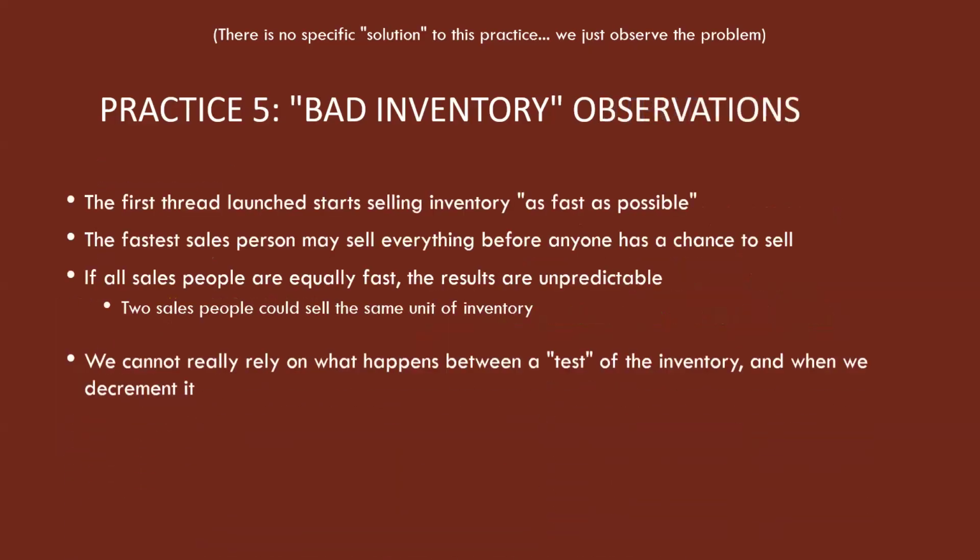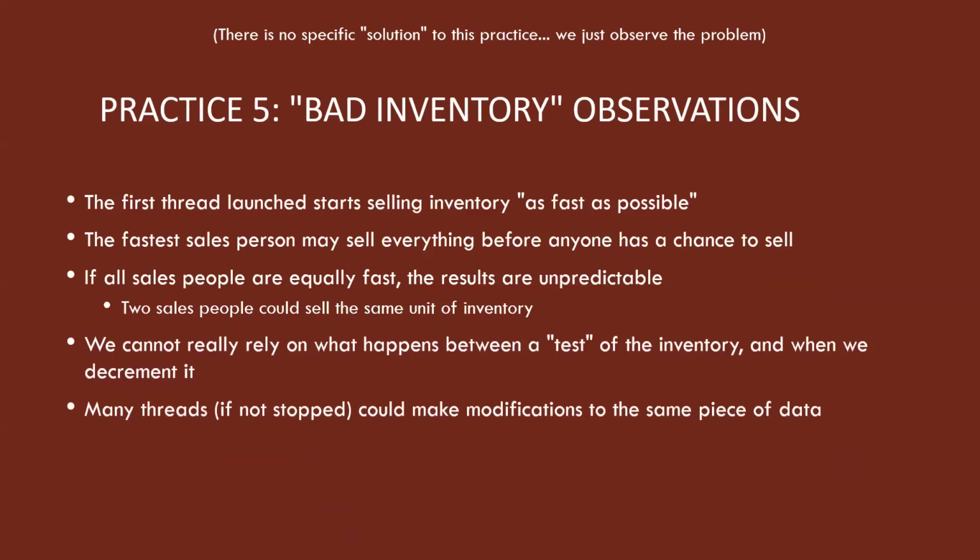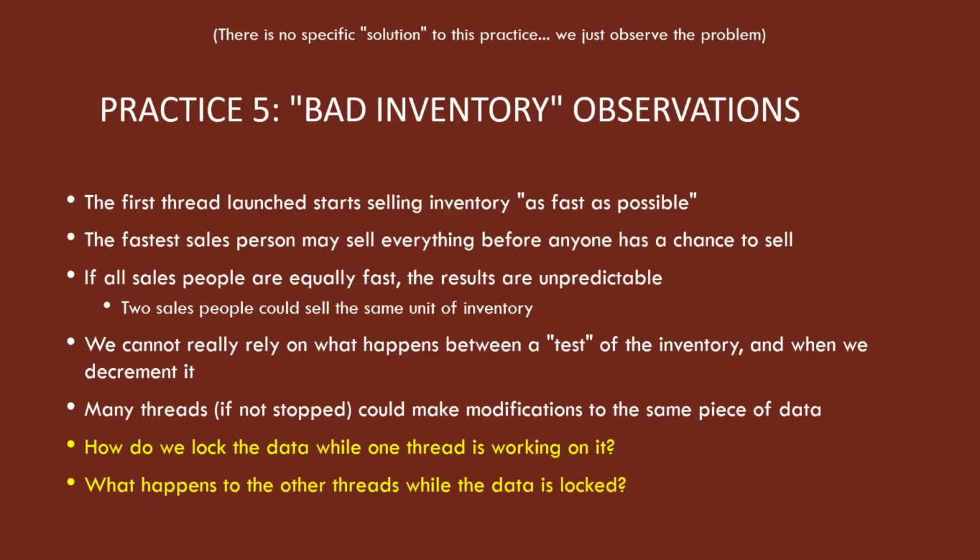So let's see if we could fix this. One idea would be to come up with a flag that we could set to say, hey, I've got the flag, don't anybody else touch this. I've got this.